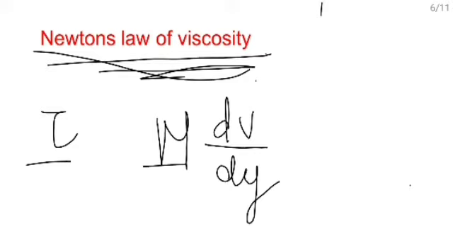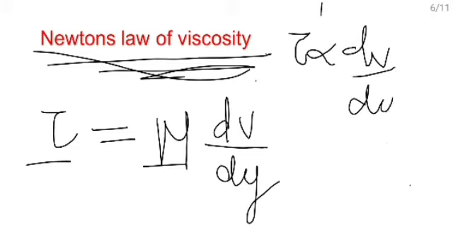As per Newton's law of viscosity, shear stress is equal to dynamic viscosity times velocity gradient. That is, shear stress is proportional to velocity gradient. The intensity by which velocity decreases towards the river bottom is proportional to shear stress.